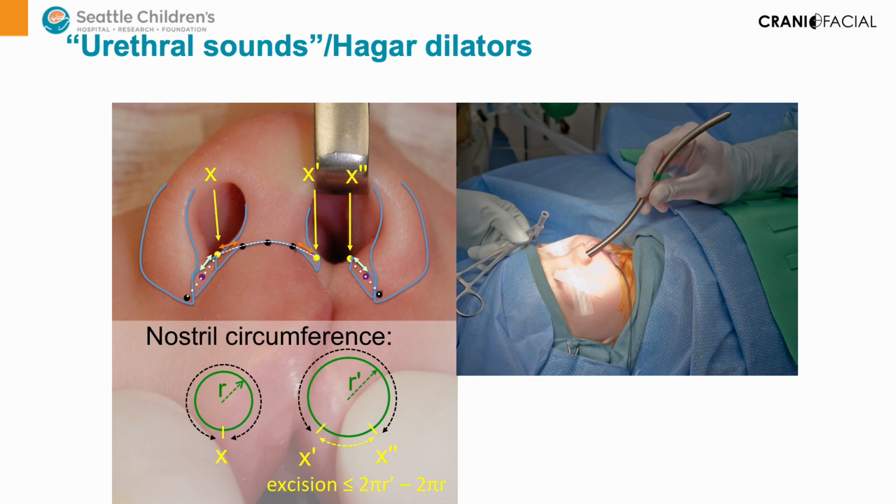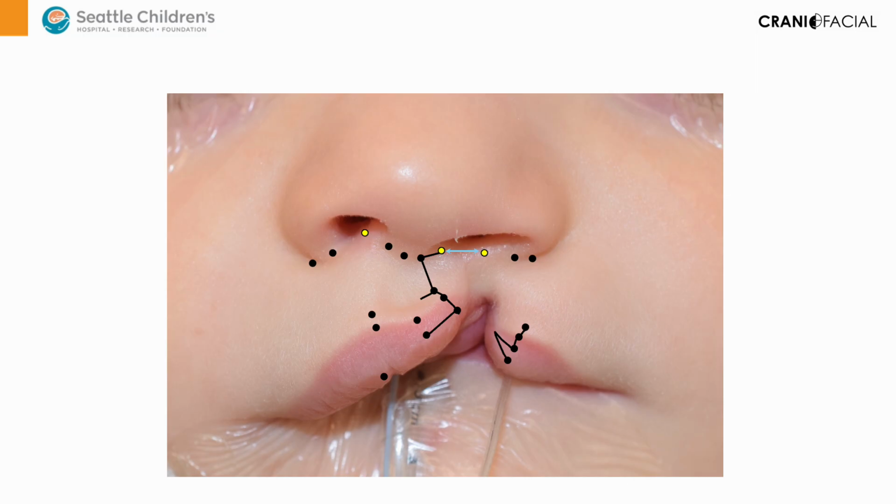Now that gives us a little bit of a guide of how much of the nasal floor we ought to excise, but what's important is that we don't excise too much, and that we don't produce a micronostril. So we want to keep the excision less than what we calculate. And so there's that excision.